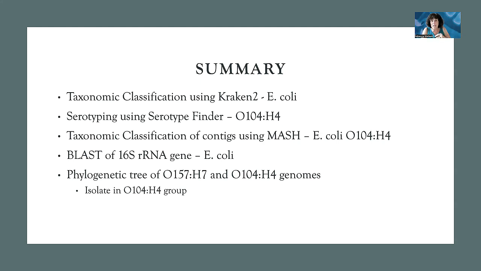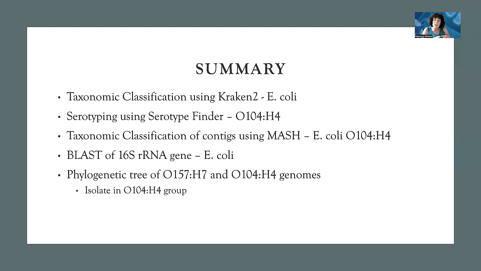Serotyping using SerotypeFinder identified it as O104H4, and that was also from reads. After we assembled it, we did taxonomic classification of the contigs using a program called MASH, and that strongly showed that it was O104H4 and certainly that it was E. coli.